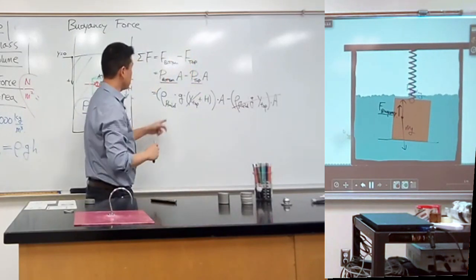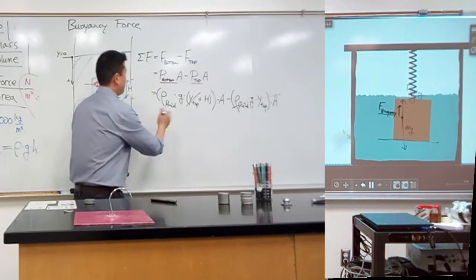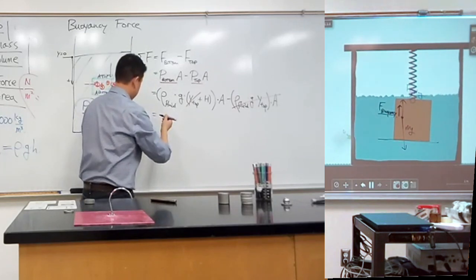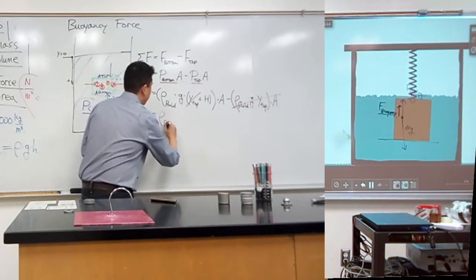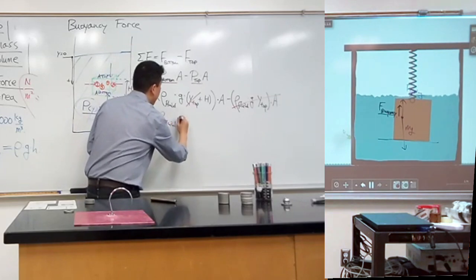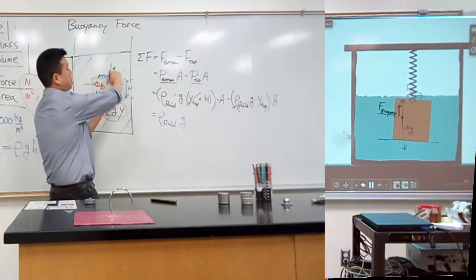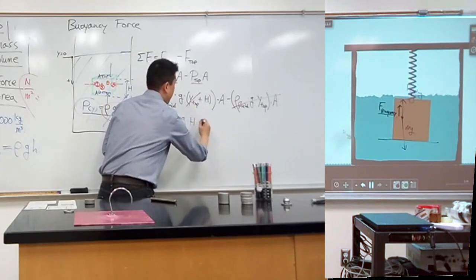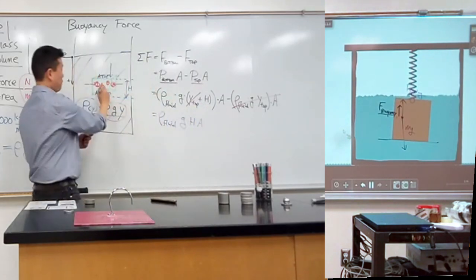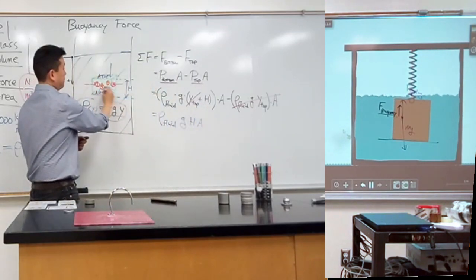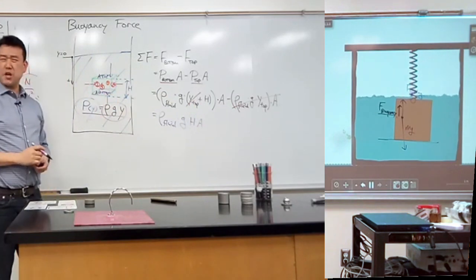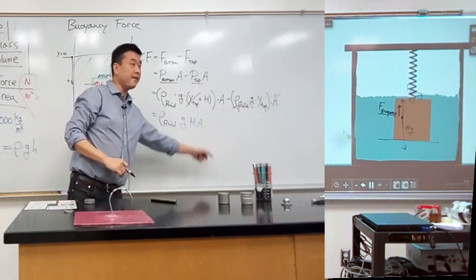I can say, all right, so this net force is, that's fine, density of the fluid times g times height of this box times the area of this bottom surface here. Do we have another expression for that? Height times area?